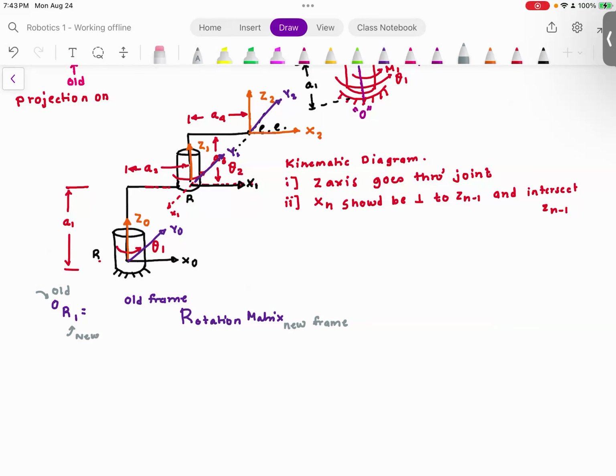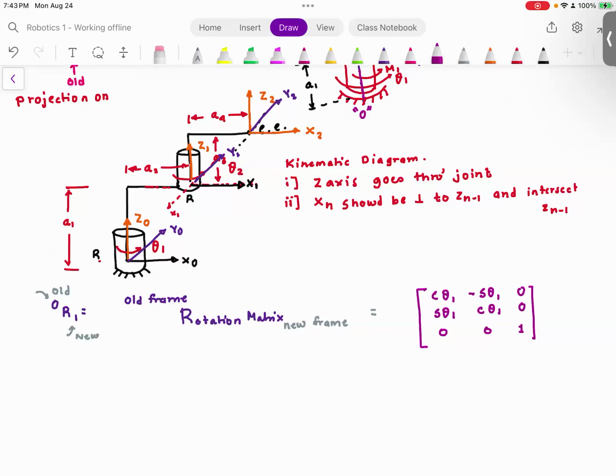And please note, since the rotation is about Z naught, the rotation matrix is going to look like cosine theta 1, minus sine theta 1, 0, sine theta 1, cosine theta 1, 0, 0, 0, 1. Do you agree with me?